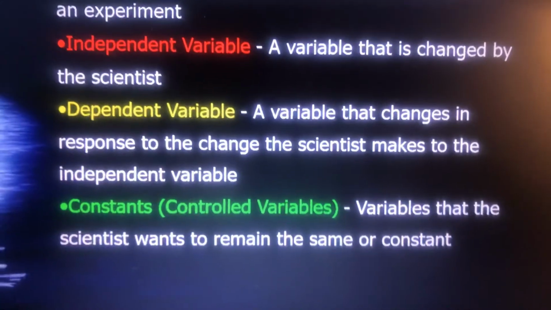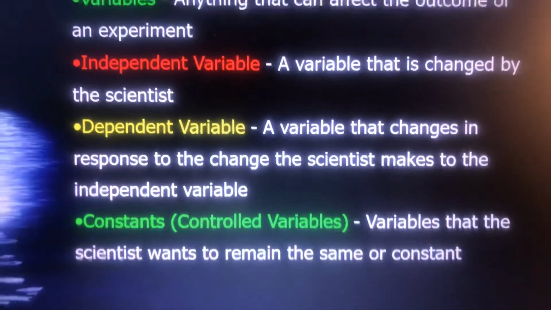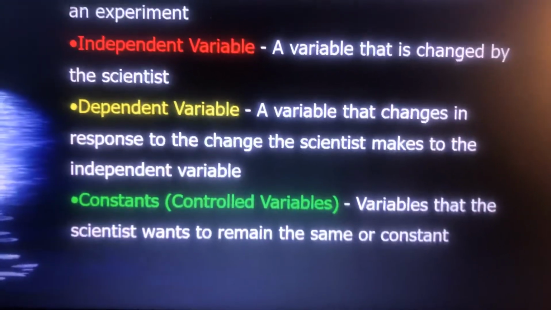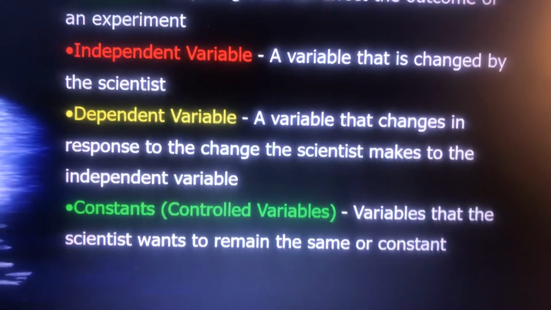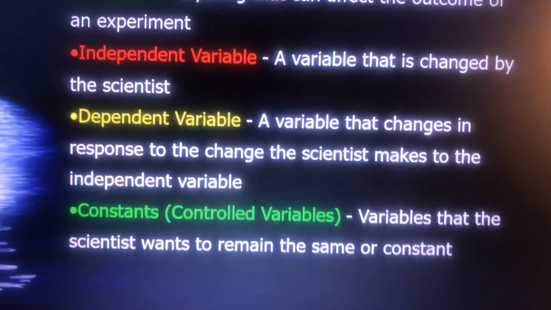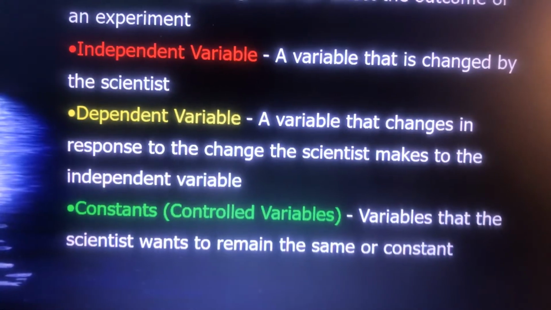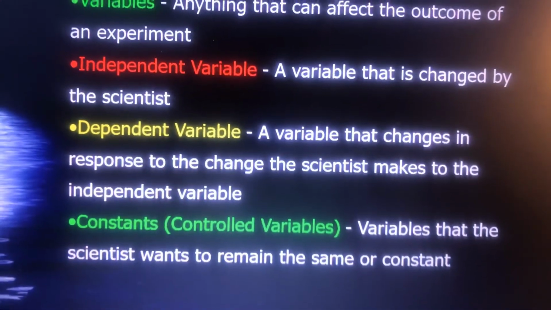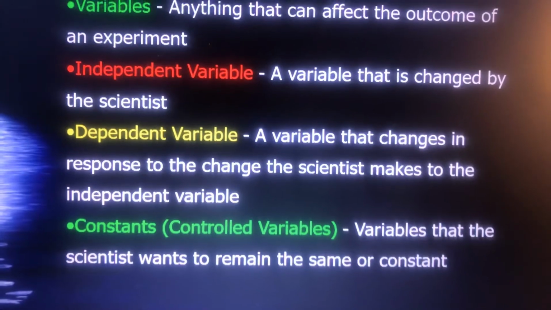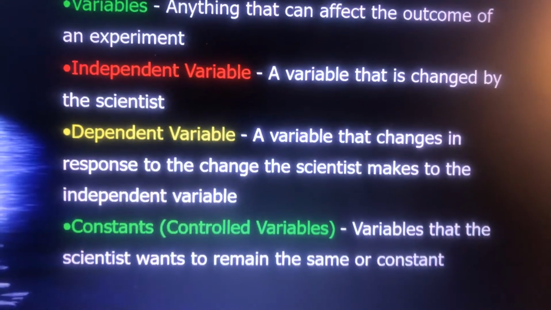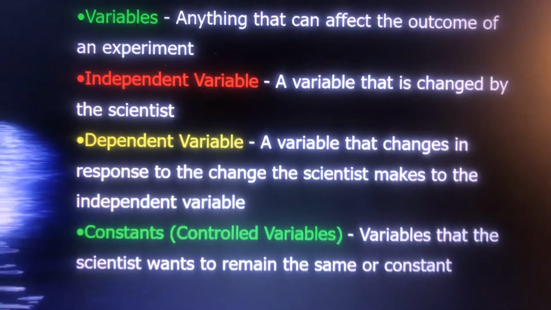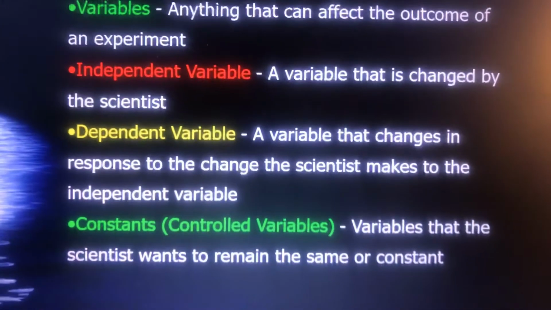And then constants. These are controlled variables. We don't want other variables changing because we want to try to find out, does the dependent variable act accordingly to when we change the independent variable? And when that happens, we don't want other constants being varied also. So we want to keep those the same. Okay?